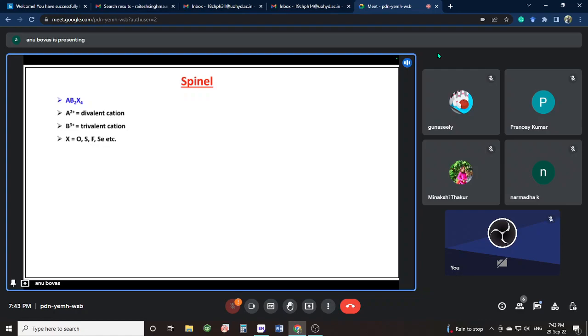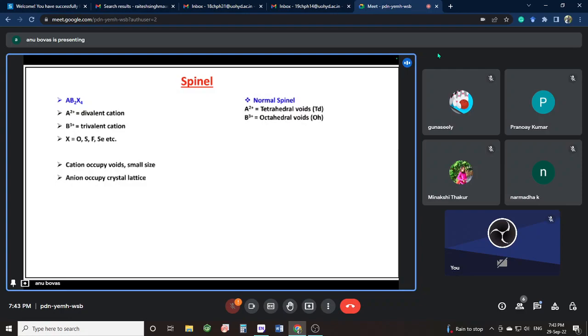Now, the two or three things that we should know here are that whenever a crystal is formed, since cations are smaller in size, they occupy voids and anions occupy the crystal lattice positions. This concept will be needed in the coming session.